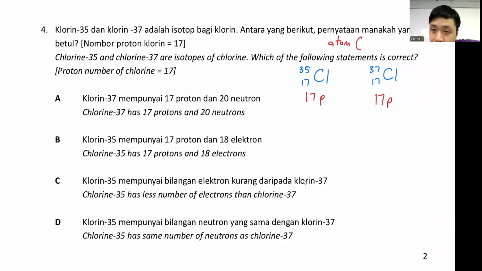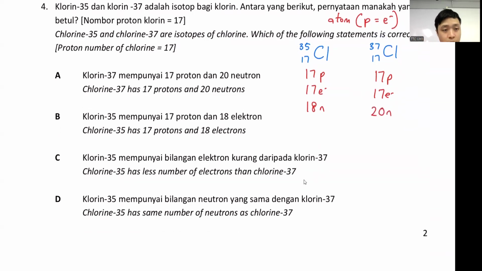Remember, atom means the number of protons equals the number of electrons, so both have 17 electrons. This is proton number, this is nucleon number. To get the number of neutrons, 35 minus 17, you get 18 neutrons in the nucleus. This one, 37 minus 17, you get 20 neutrons.